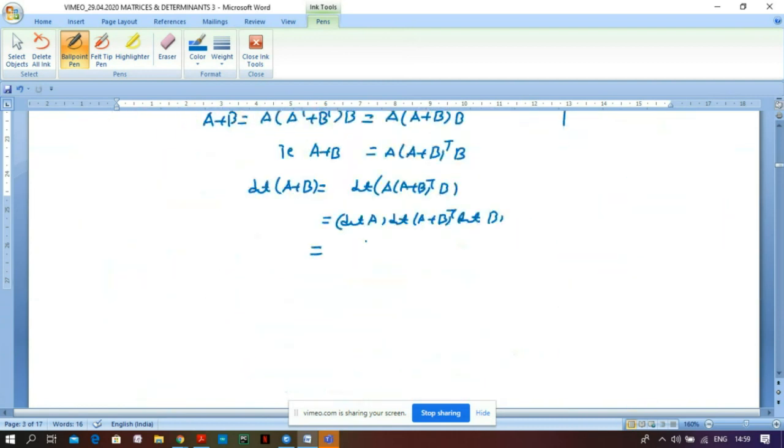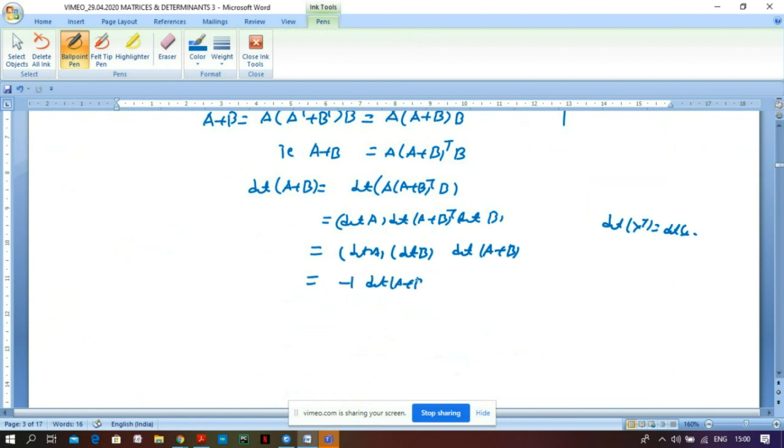So det of a times det of b here is negative 1, and the other factor is nothing but det of a plus b only, because det of x transpose is det of x. So we are getting negative 1 times det of a plus b. You bring this to this side, and so 2 times det of a plus b is 0. That again gives you det of a plus b equals 0.